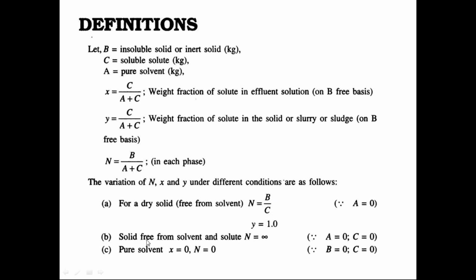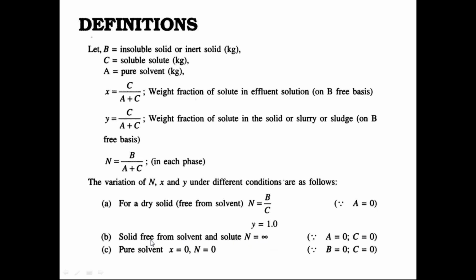And similarly, solid free from solvent and solute. If you have a solid free of solvent and solute, then N will become infinite. N will become a very high value because it doesn't have any solute, it doesn't have any solvent. So A is 0 and C is 0, both are 0, then N will become infinite.